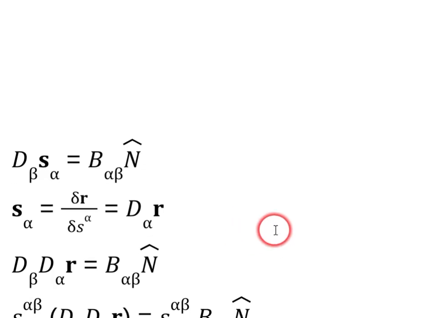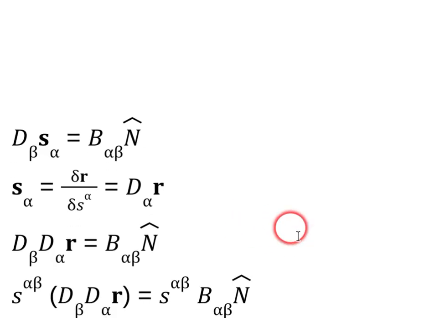Now, what we want to do is raise the indices by multiplying it times the contravariant metric tensor of the surface. Now, you may not know this, but the covariant derivative of a metric tensor is 0, which means that I can move it inside these operators wherever I want.